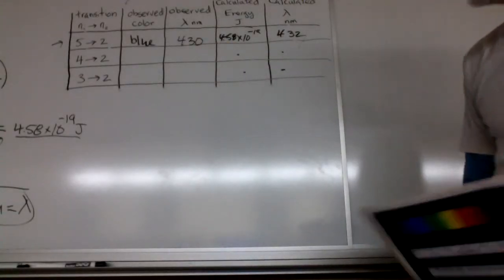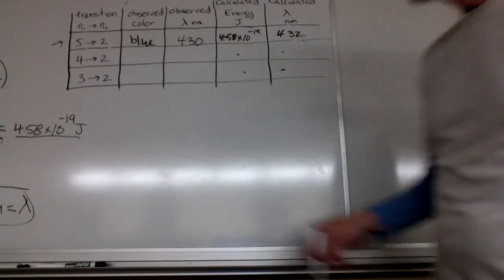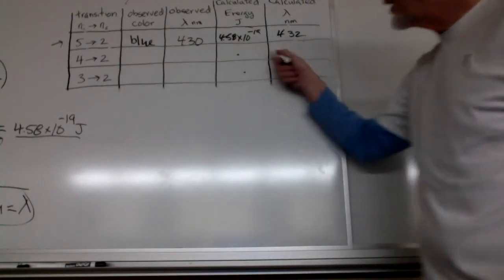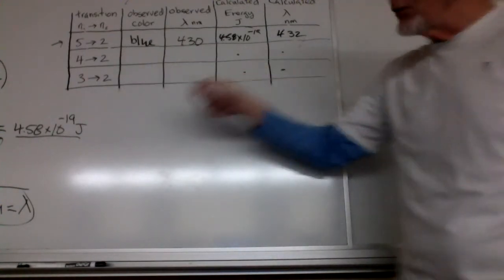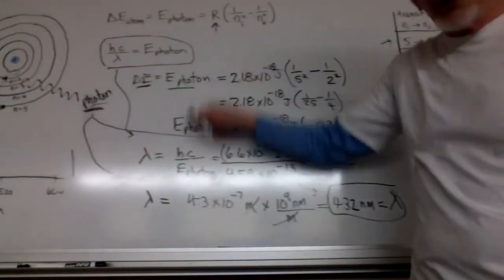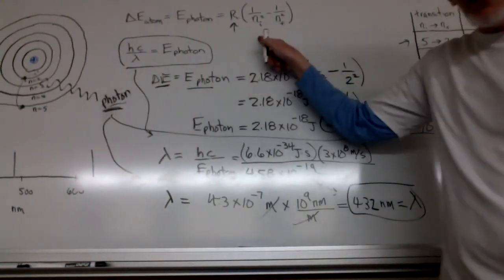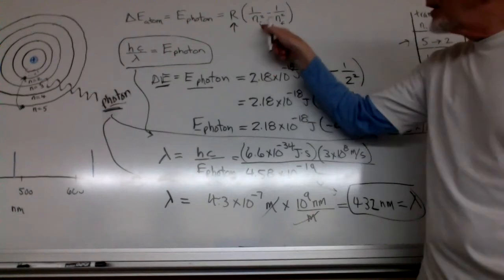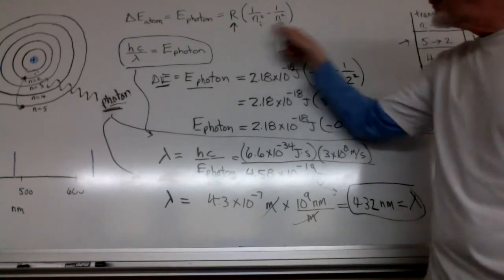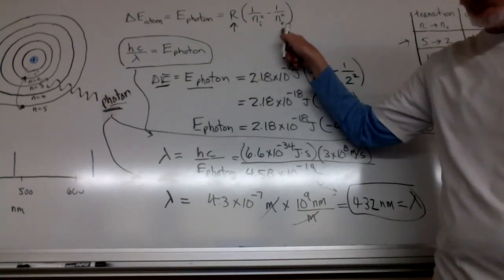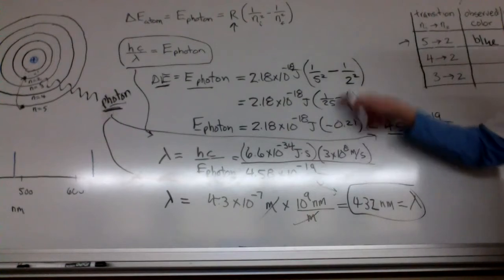Okay. So now you'll do the same for the 4 to 2 transition. You'll calculate the energy doing just what we did here, but now for the second transition, n initial is going to be 4, and n final will still be 2, just like it was here.